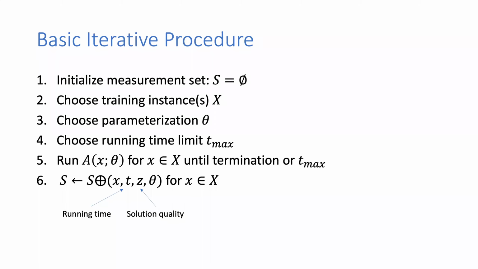We choose a parameterization of the algorithm, of the solver. We choose a running time limit, Tmax. Then for every problem instance that we've chosen, we run our solver on that instance with that hyperparameter until it terminates or until Tmax is reached, and then we just force the termination.